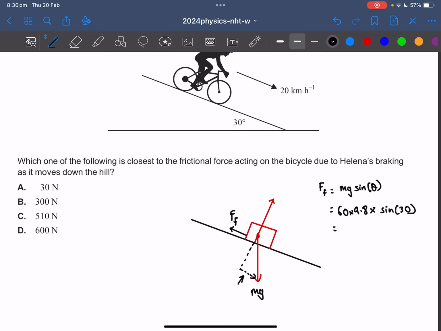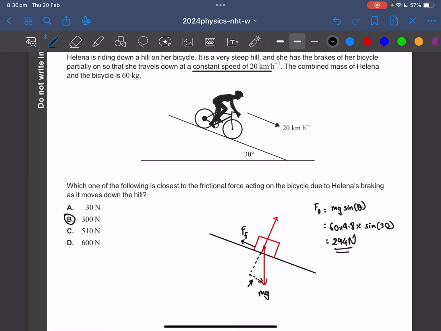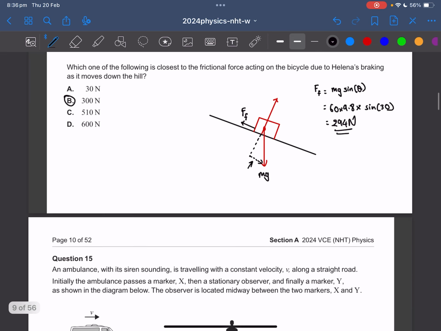No, I haven't. Which one of the following is the closest to the frictional force? If this is 294 newtons, the closest one would be 300. Okay, looks correct to me.